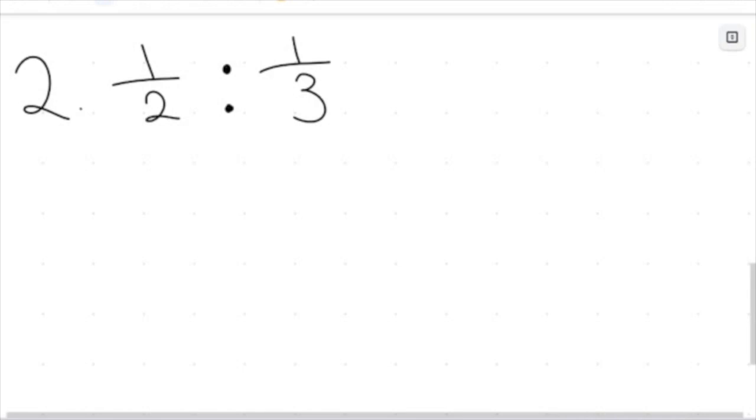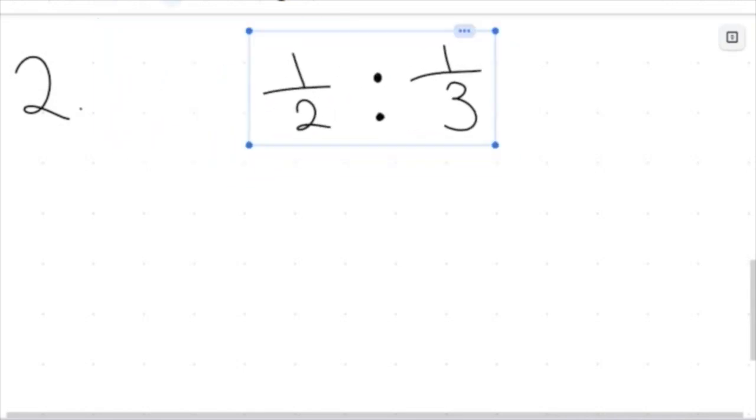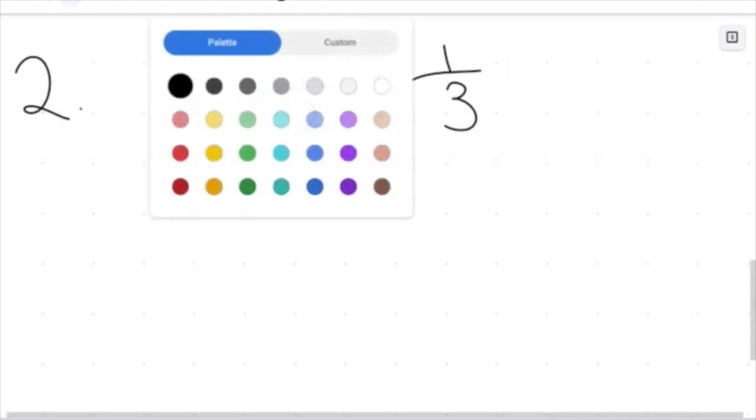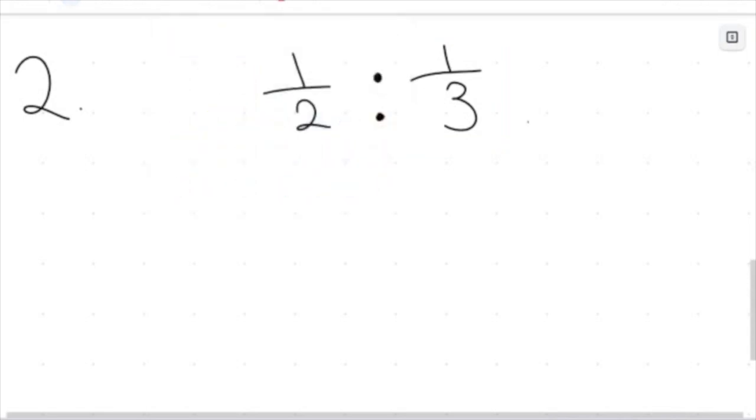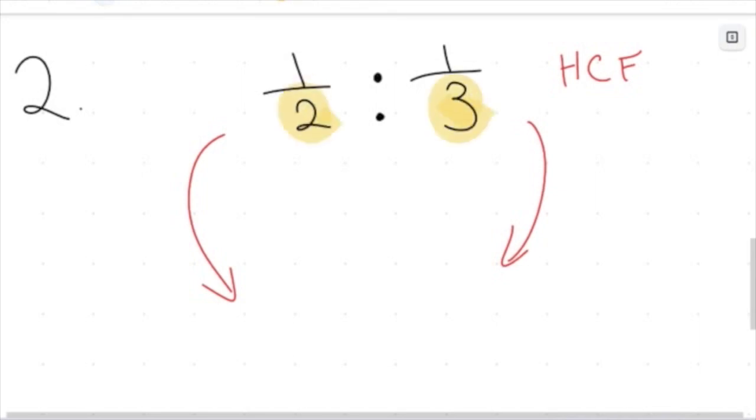Now, how can I do that? Well, for this particular ratio, I want to get both of these to a whole number, and I can do that by considering what the highest common factor of these particular things here. Oh, sorry.